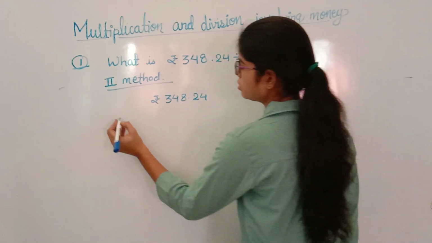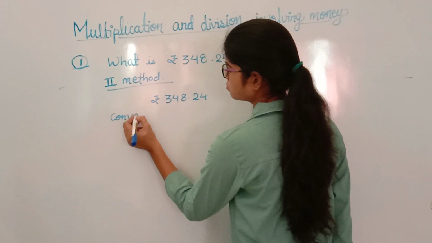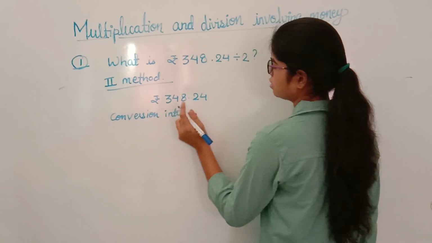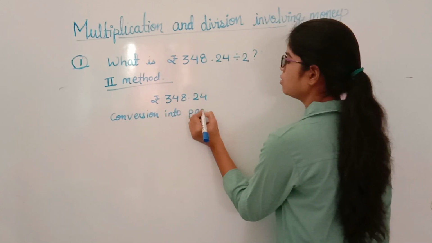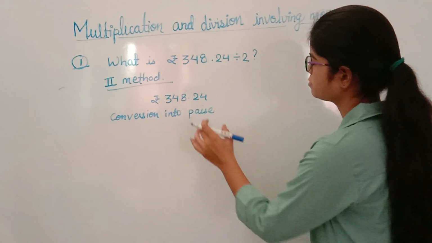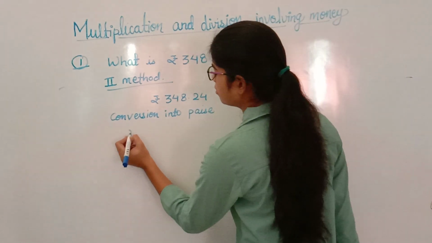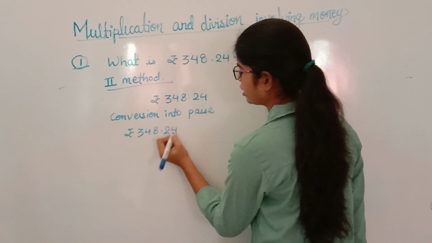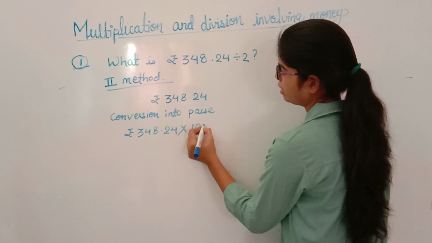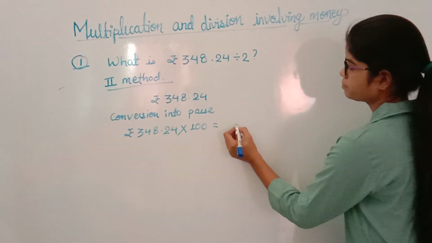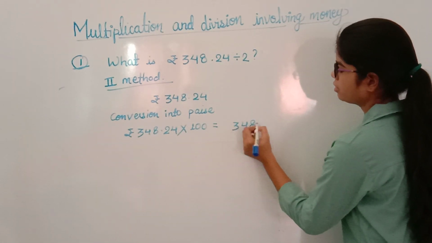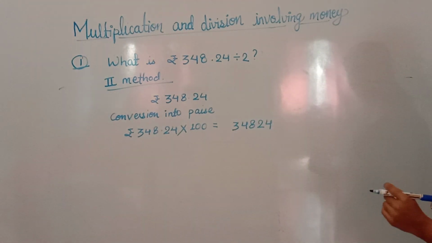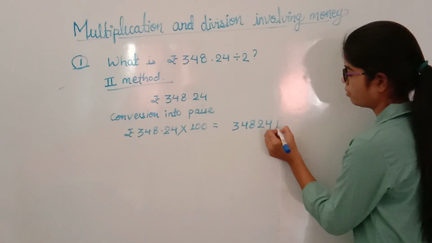So we convert into paise. How do we convert this money into paise? By multiplication by 100. So 348.24 multiplied by 100, and we got 34,824 paise.